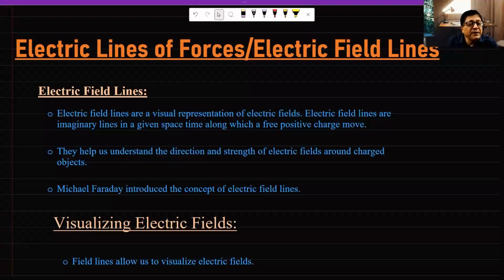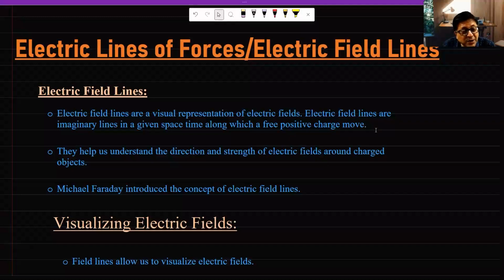The literal meaning of electric field lines is a visual representation of electric fields. Electric field lines are imaginary lines in a given space along which a free positive charge moves.